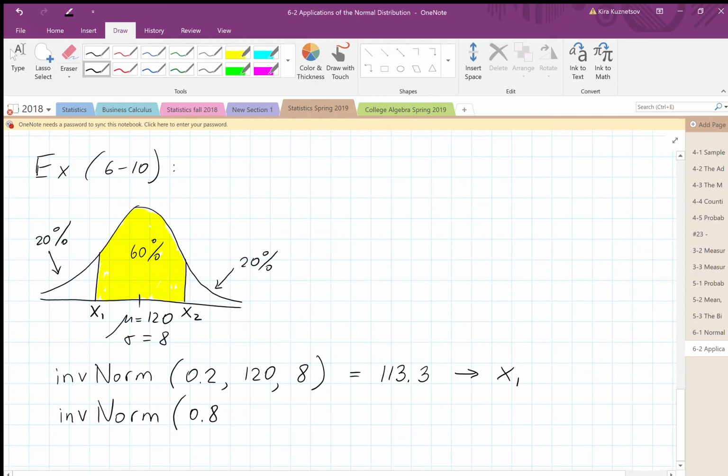So inverse norm is calling out for the bottom area, 80%, and then you'll have your mu, you'll have your sigma. Distribution, inverse norm, the bottom 80%, and after I paste this, I should get 126.7. This is my x sub 2.